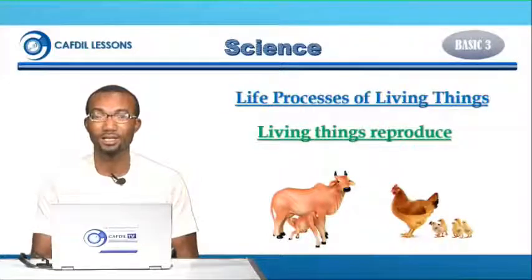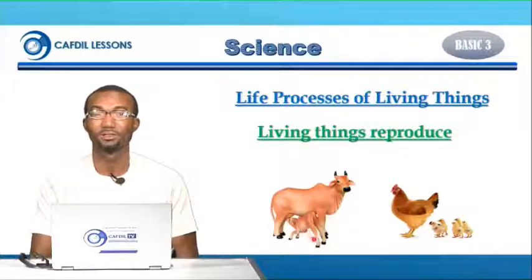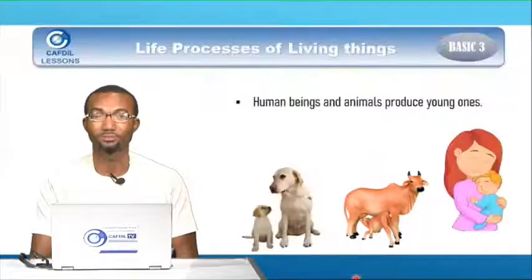So if you look at this hen, this hen laid eggs and hatched, and then we have some chicks here. This cow gave birth to this calf. So living things reproduce. That is, they bring out young ones.